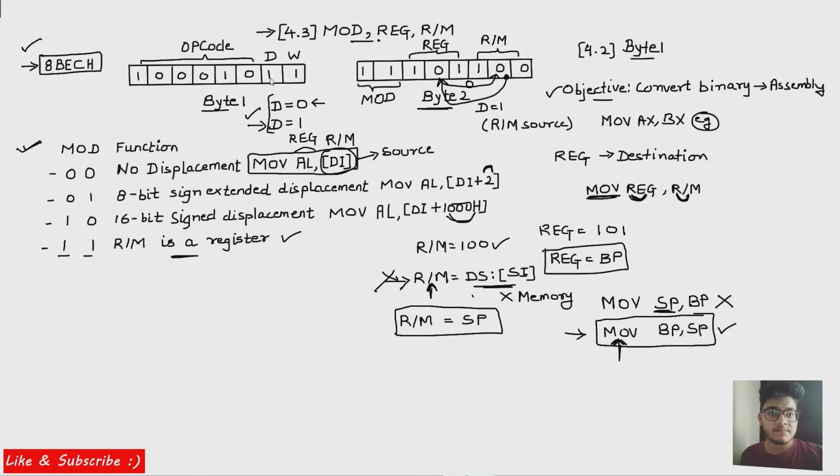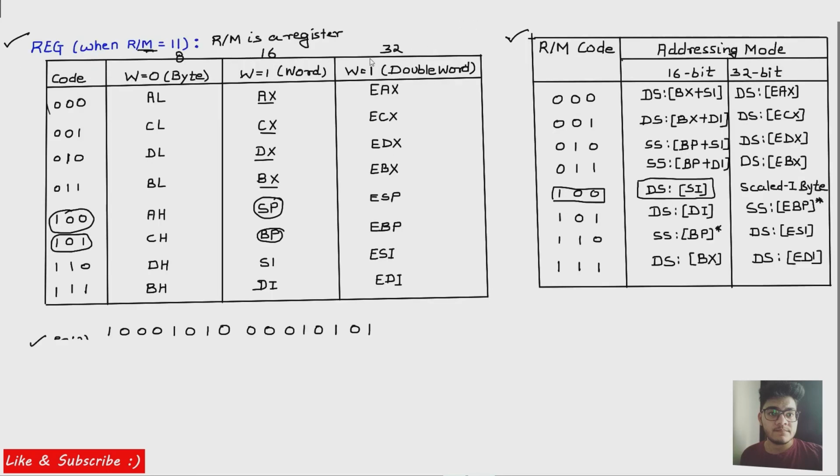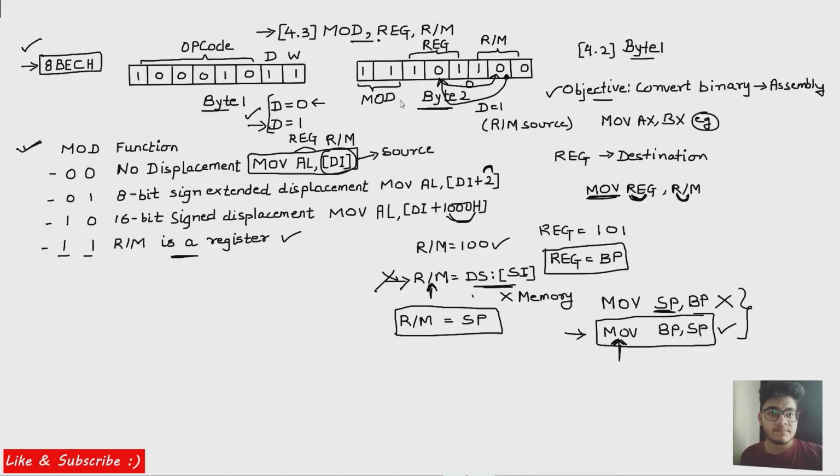D equals 1 tells us whether RM is the source or REG is the source, and it helps us in solving this dilemma here. W tells us whether it is a byte, word, or a double word, and it will help us in picking one of these columns. And we have the second byte in which we have the mod field.